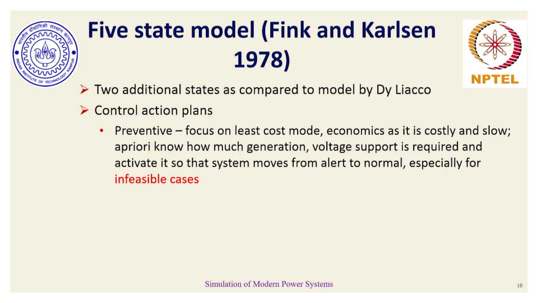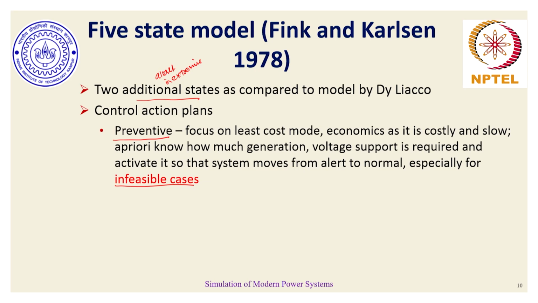So, on top of the DyLiacco model, Fink and Carlson brought in two additional states. They are the alert and in extremis states, to explicitly define the control actions that the operator takes. Preventive actions, as the term says, are those which are applied, implemented or prepared for infeasible cases.